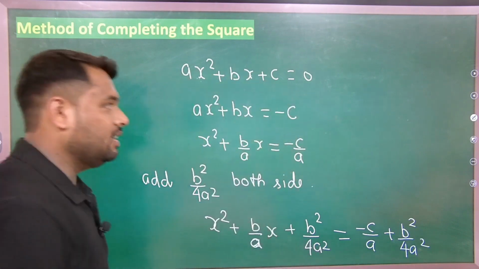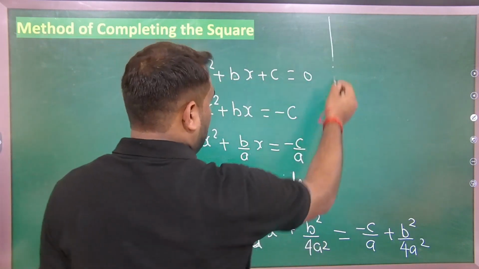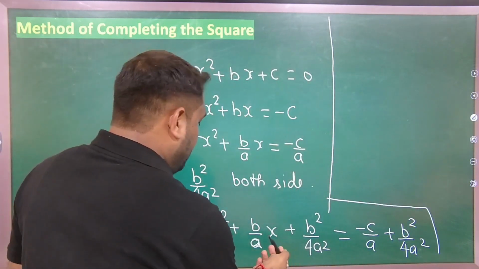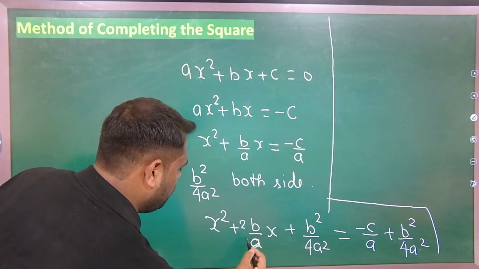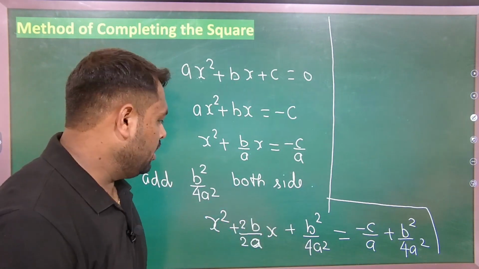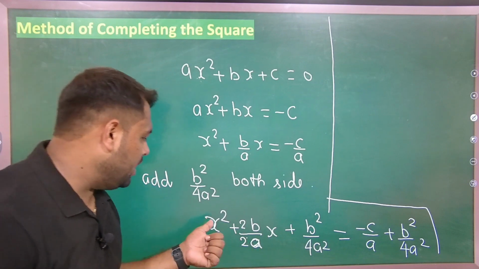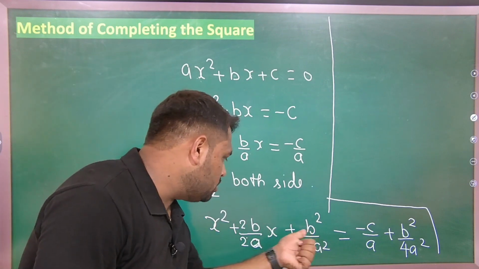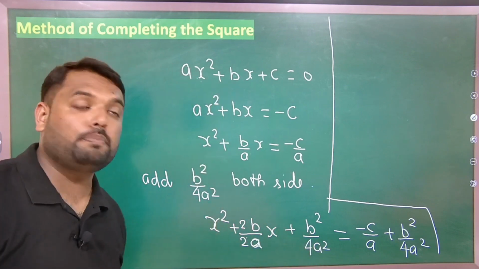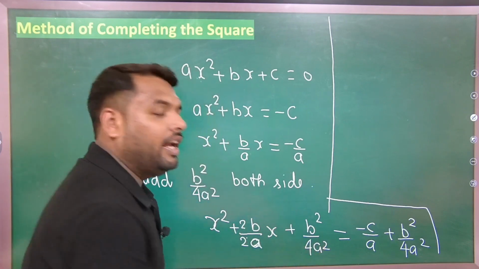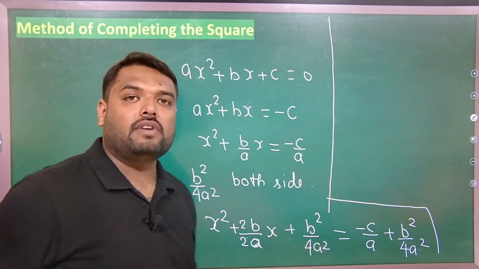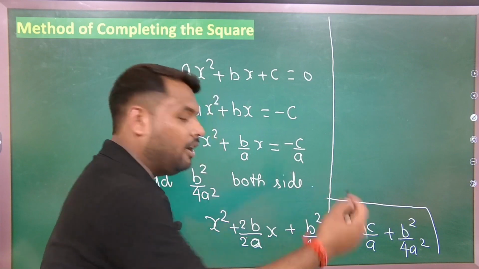I can write it like this. Now, if I write 2 in both the numerator and denominator here, then you can see it is a square, it is b square, it is 2ab. That means this is a plus b whole square, and what is b? b is b by 2a whole square.